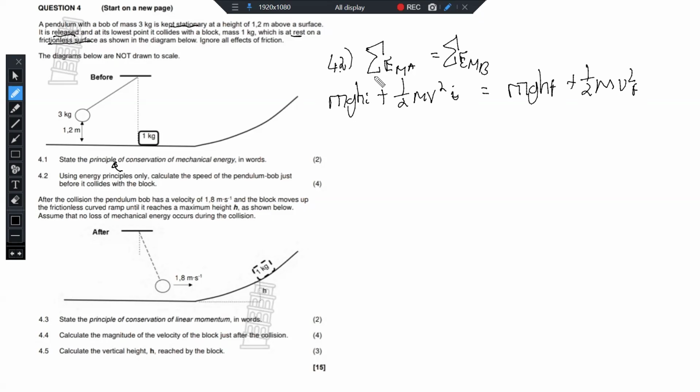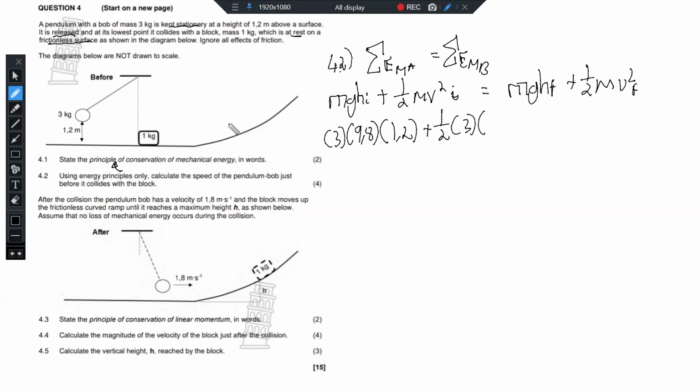Now, what is our mass? We are told that the mass of this bob is 3 kg, then multiply that by 9.8. Then the height at that point, we can see it is indicated 1.2 there. And then plus half, we have our mass here, 3 kg again.